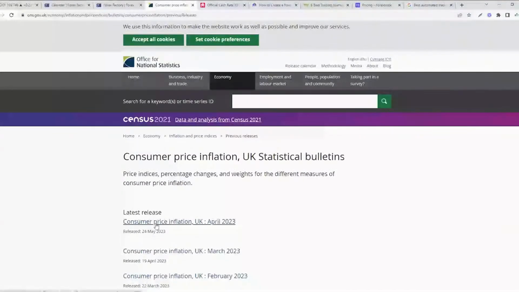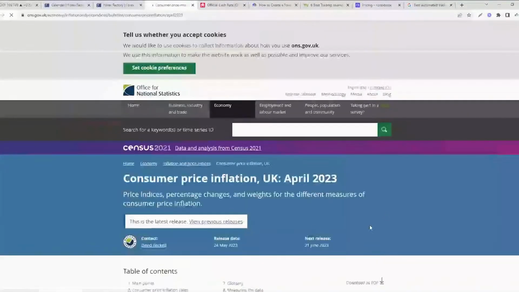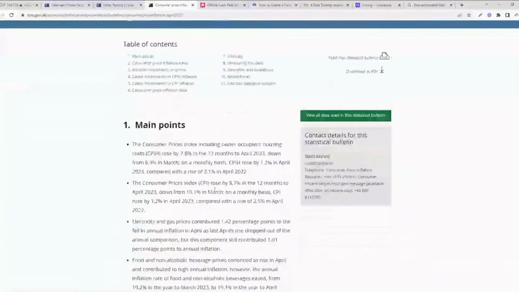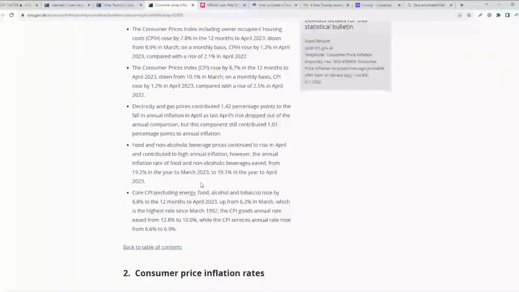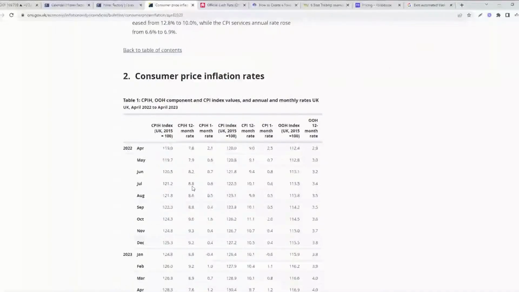So release 24th of May. This takes you to the Office for National Statistics. This is the UK government agency, and here it will give you all the detailed breakdown of this UK CPI data.